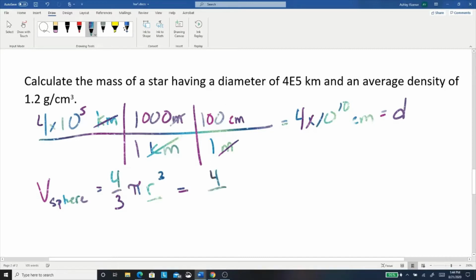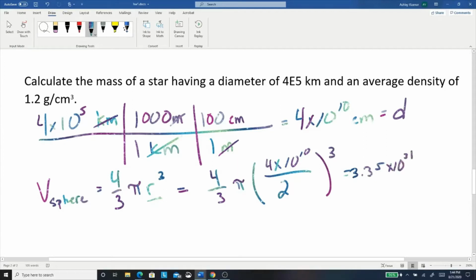So this is 4/3 pi times 4 times 10 to the 10th divided by 2, cubed. So once you put this into your calculator, you're going to get 3.35 times 10 to the 31st power. And that is cubic centimeters.